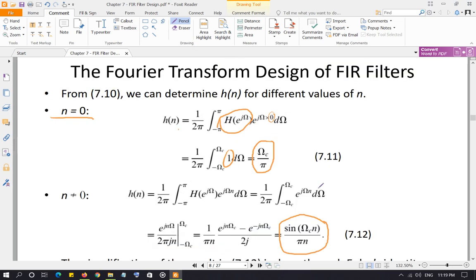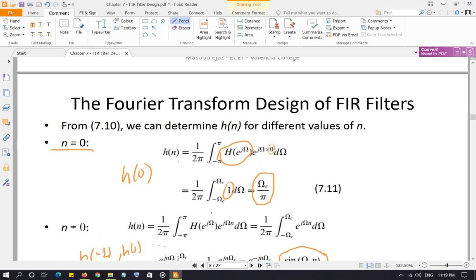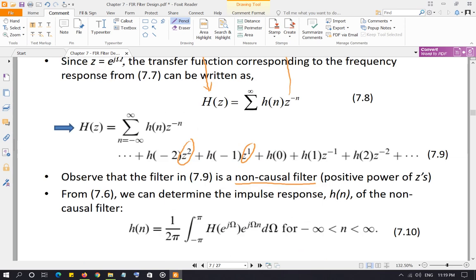So we have h of 0, and then h of n not equal to 0: h of negative 1, positive 1, negative 2, positive 2, so on and so forth. These are the coefficients right here: h of negative 2, h of negative 1, h of 0, h1, h2, and so on.